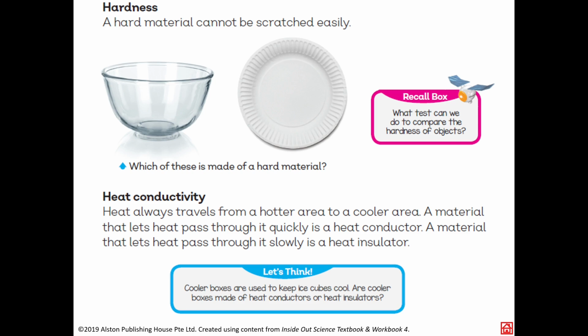For example, when you scratch a coin on a glass bowl, can you scratch it? Not very easily. Very good, so the answer is the glass bowl. Paper is not a hard material.